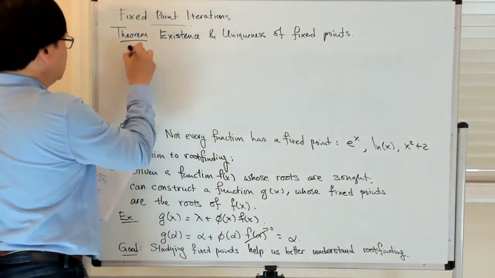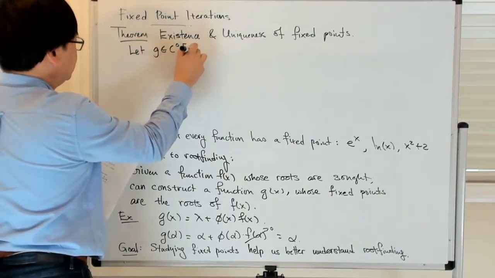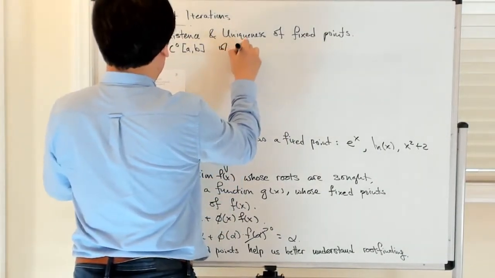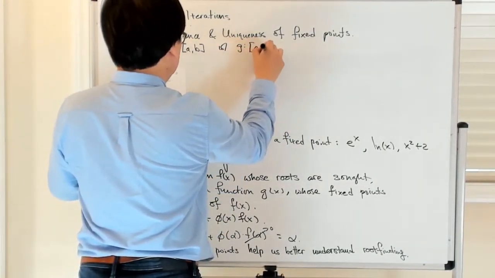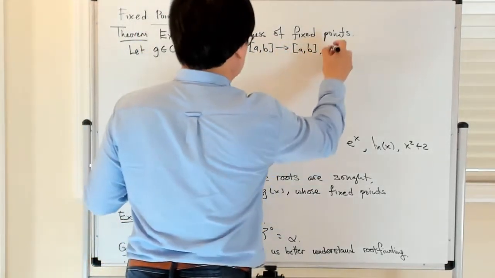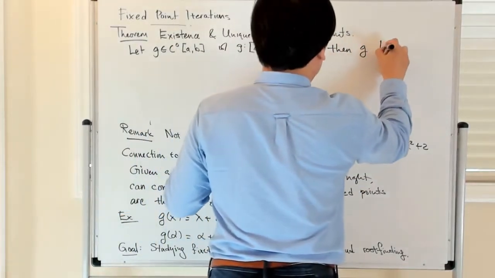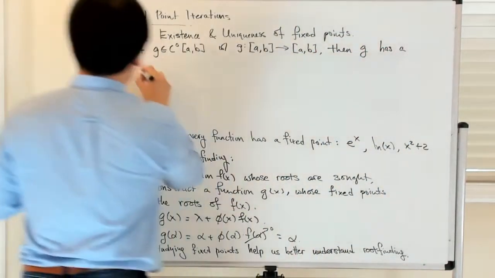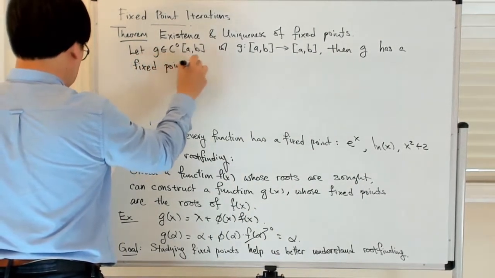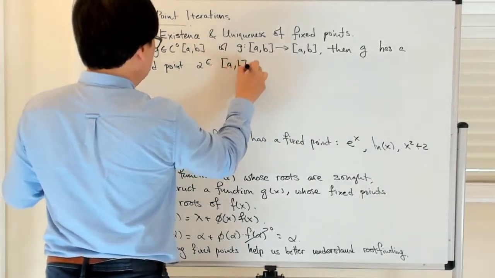Okay, so if you let g be in C0 of the interval from a to b, with g a map from a to b to itself, then g has a fixed point alpha in the interval from a to b.